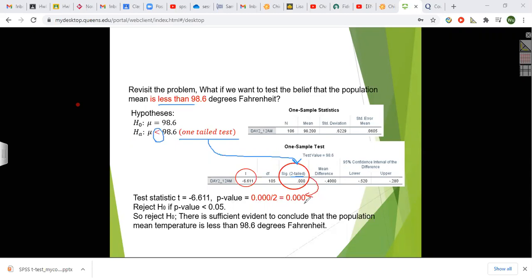That will give you still 0. It's not going to affect our decision because the alpha is the same and the p-value will still be less than the alpha. So reject null hypothesis and accept alternative. There is sufficient evidence to conclude that the population mean temperature is now less than 98.6 degrees Fahrenheit. Okay, that matches the alternative hypothesis we are accepting.